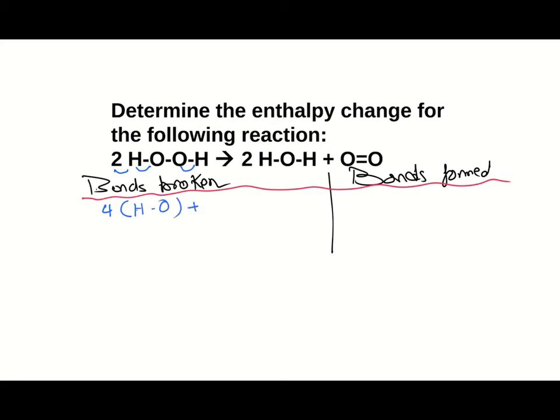O-O single bond, we have 2, so multiply 2. On the other side, H-O, H-O, we have 2 times 2 H-O, plus 1 O double bond O.